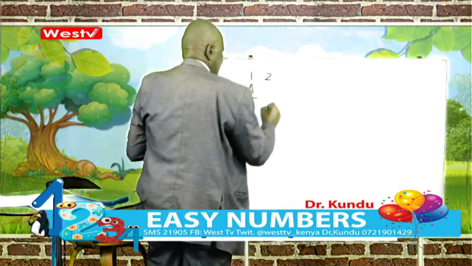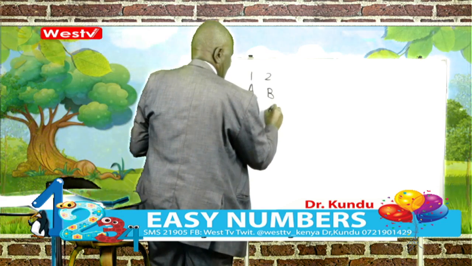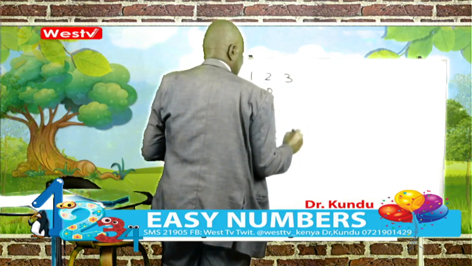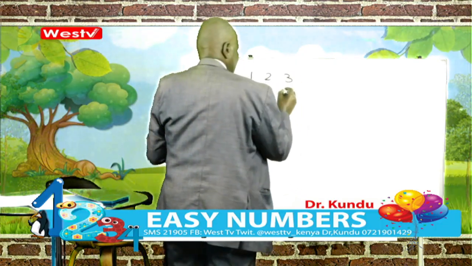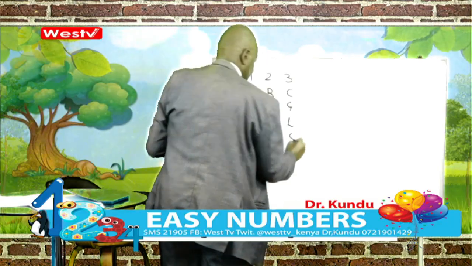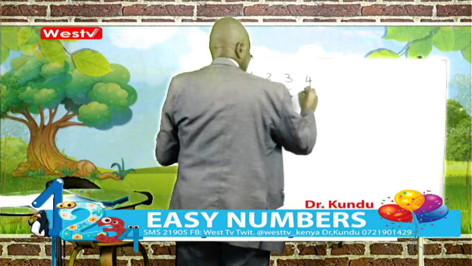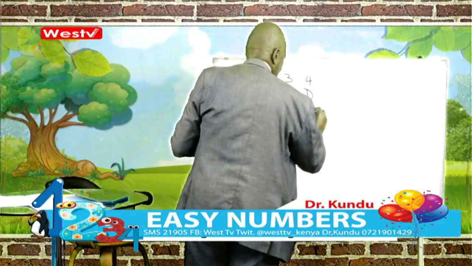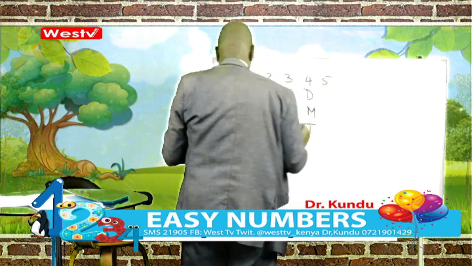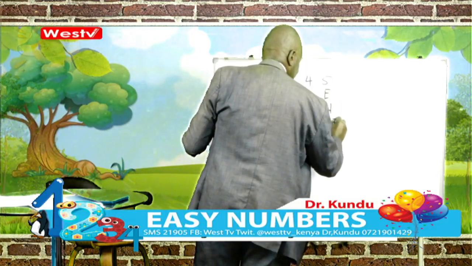For number 2, they vibrate on the letters B, K, R. For number 3, the vibration is the letters C, G, L, S. For number 4, the vibrations are D, M, T. For number 5, the letters are E, H, N, X.